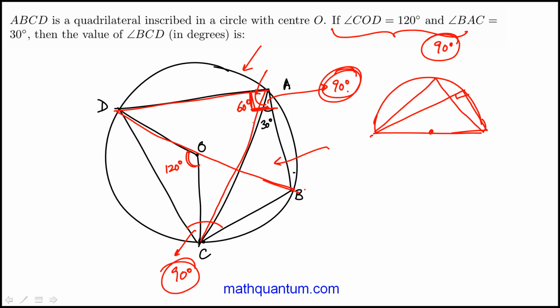That means that's a straight line. This is 90, then this will also be 90.